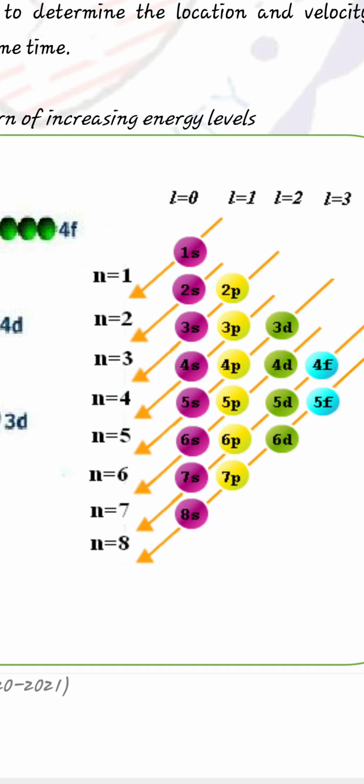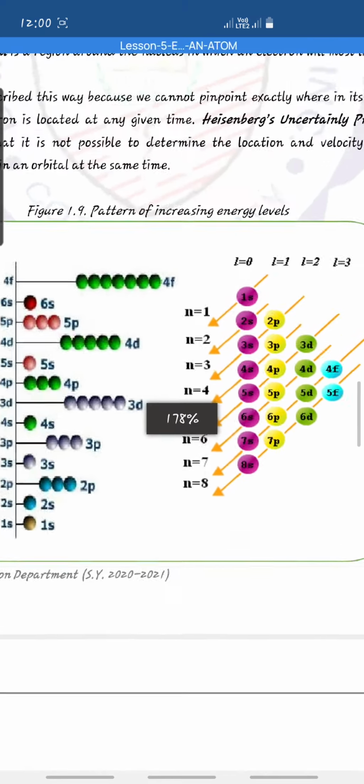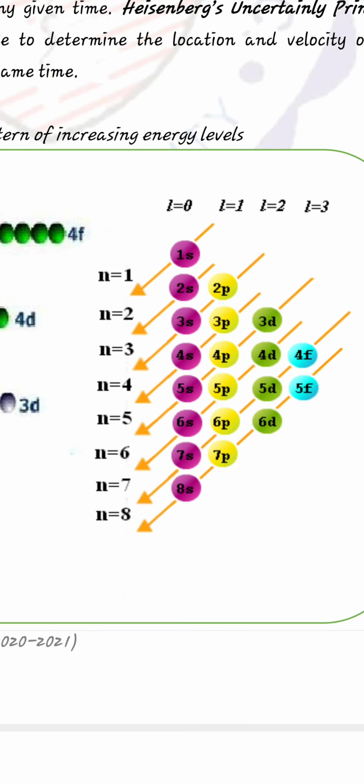Pero as we all know, hindi pa ito kompleto. So the best way na lang to get the electronic configuration easily is to follow the pattern. Ito talaga siya. Once you memorize and familiarize the pattern, then boom, you can get the electronic configuration of a certain element.